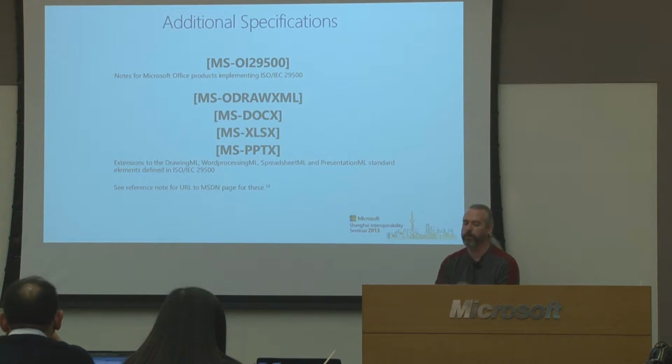So we have a separate specification that gives specific information about how Microsoft Office implements certain elements if it deviates or has some difference from the standard. These are generally included as collections of notes with headings that reference the sections in the standard.